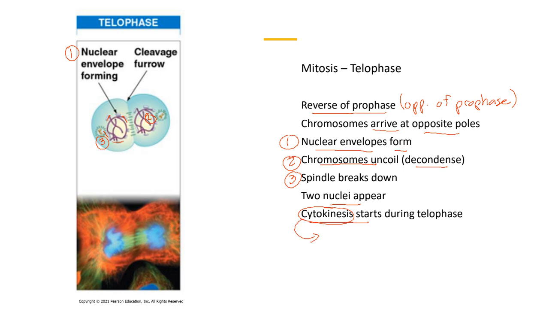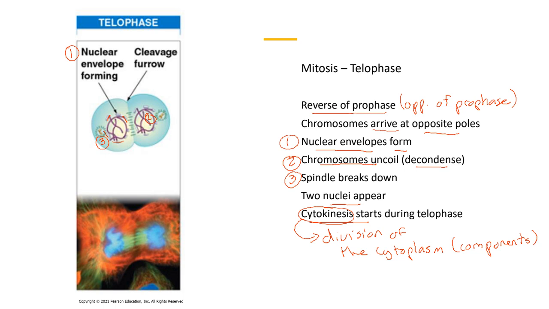We'll go into more detail in a second, but cytokinesis is the division of the cytoplasm and whatever the components of the cytoplasm are, for example, organelles and that kind of stuff.